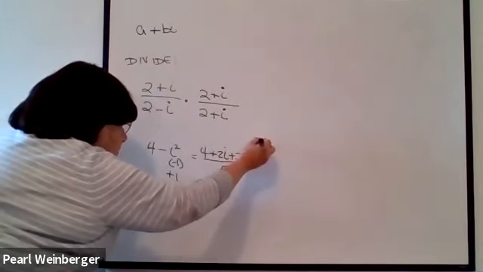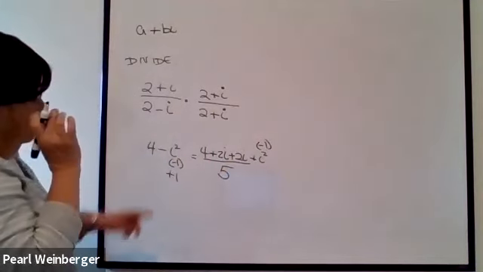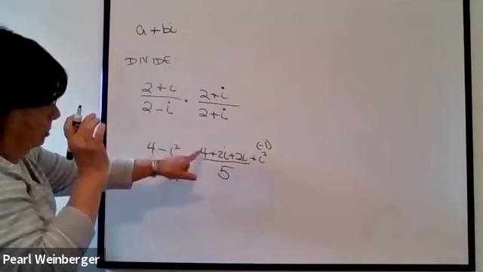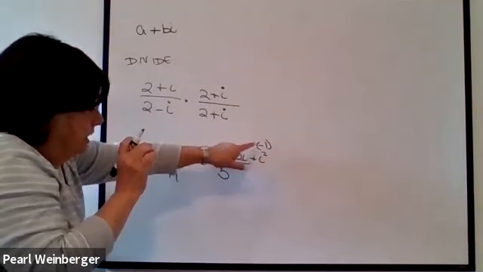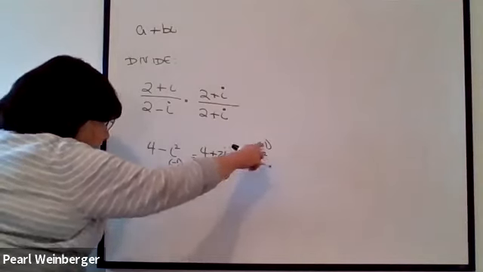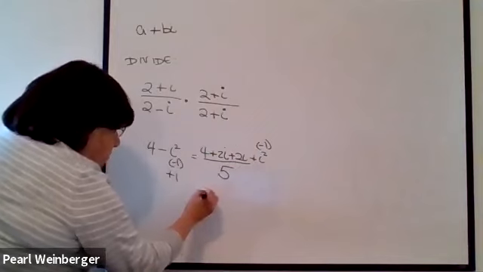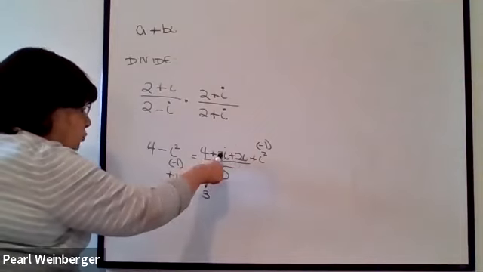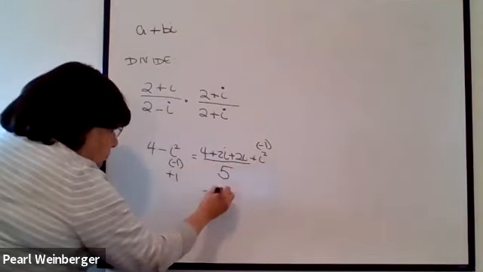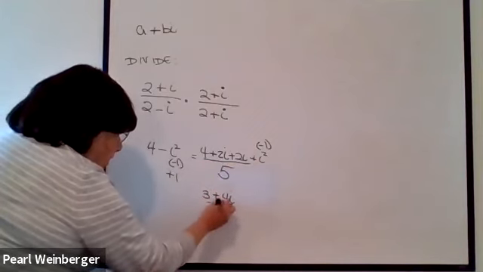And again, as soon as I see that i squared, I put a negative 1 in place of it. So combining the like terms, I have a 4 plus a negative 1, so we're adding 4 and negative 1, which gives me positive 3. And we're adding 2i and 2i, which gives us 4i. And this is all over 5.